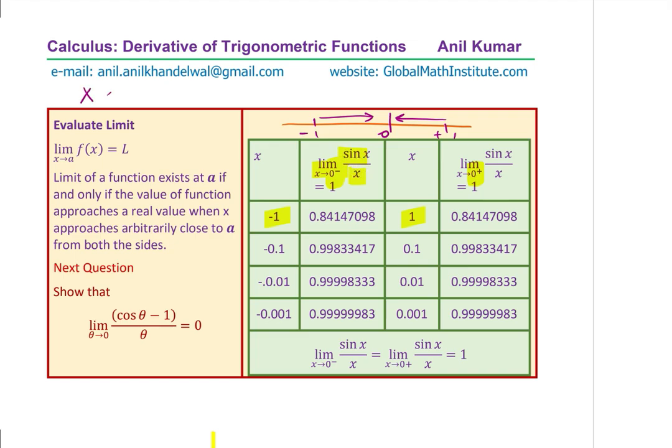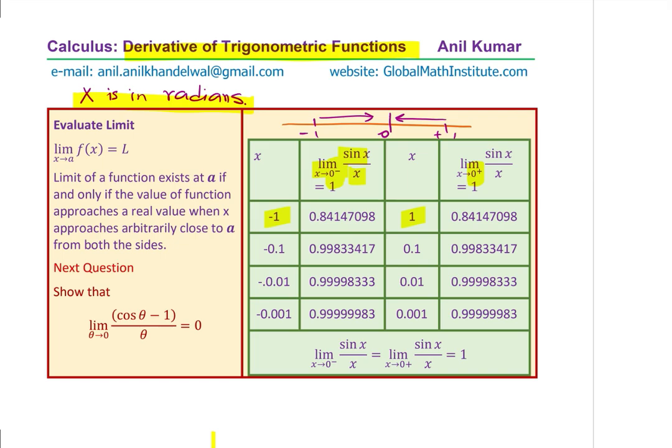So x is in radians, not in degrees. If you put x in degrees, you will not get the required result, and it doesn't really work out. And that is the reason why when we talk about derivatives of trigonometric functions, the units for the angle are radians. Is that absolutely clear?